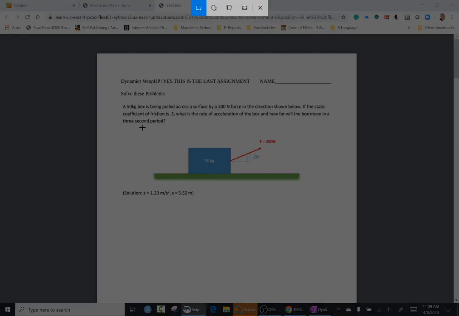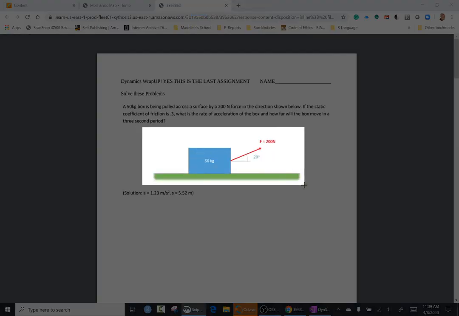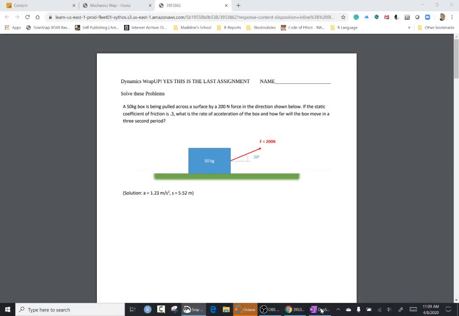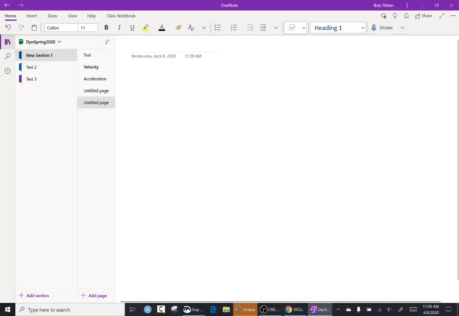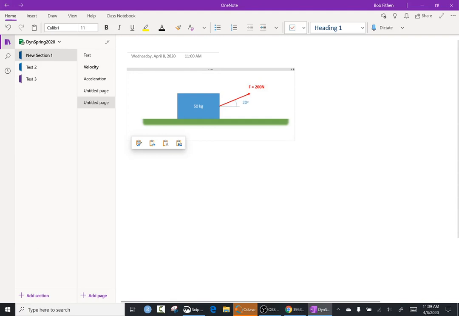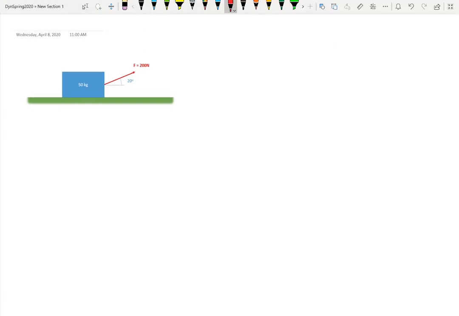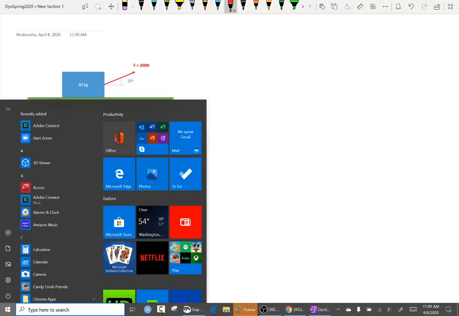So what I'll do is I'll grab this. I'll just go over here. I'm just going to drop it. So what I'm going to do is make a free body diagram.